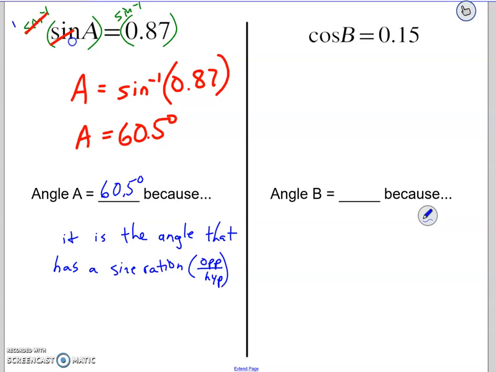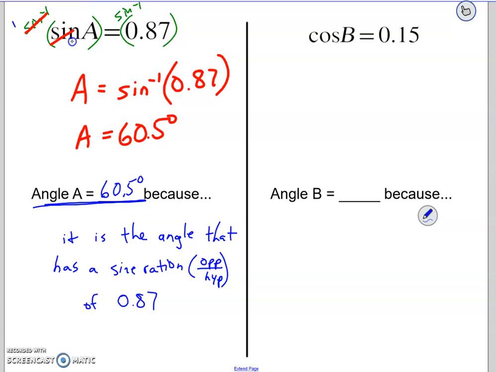That's sine. 60.5 degrees is the angle that has a ratio of 0.87. That's what makes this angle A 60.5, okay, based on the equation that we began with. Okay, so that's kind of just thinking through the logic of why and how these inverse trig functions are the reverse operations of trig functions.